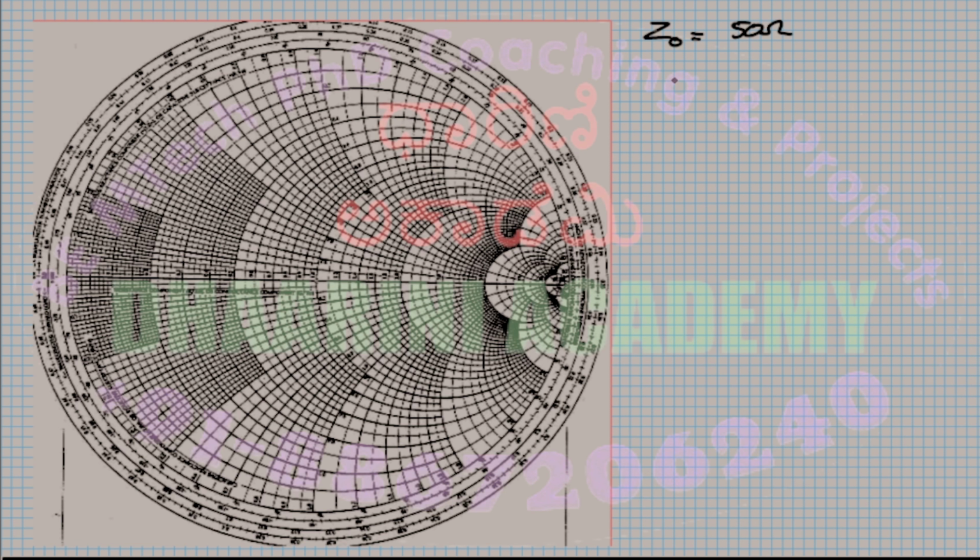The first value of the load Z1 is equal to 100 plus J50. So remember, every calculation happens in the normalized form. In the sense, I should divide that by the Z norm. So when you divide this by 50, this becomes 2 plus J1.